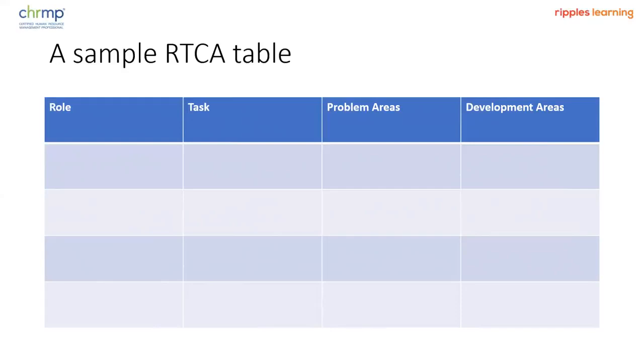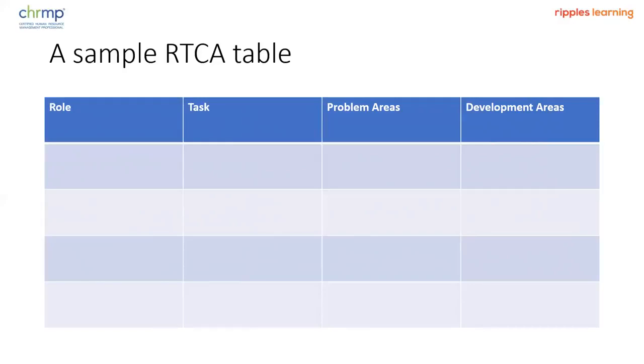But what might happen is if you do a single RTCA table, you might find that for the first time, they will also be working on this new portal that they have never done before. And therefore, they need training on how to use the portal. Or for the first time, they will now also be interacting with a client, and therefore they need to be trained in that.